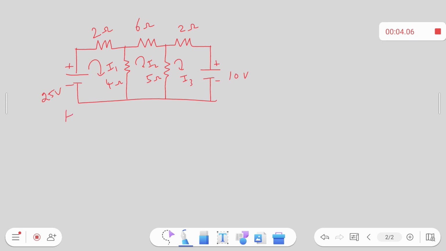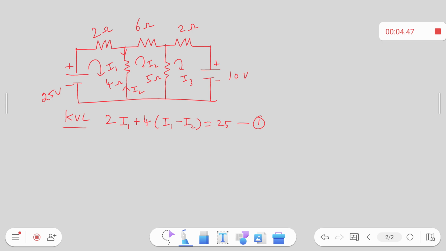As KVL says, for the first loop I am going to write 2I1 plus 4 into (I1 minus I2), because current I1 is flowing this way and I2 is flowing in this direction. When you see from the first loop, I2 is negative current, so I am writing 4 into (I1 minus I2), and that will be equal to 25, because now I am considering this current is entering into the negative terminal. This is my first equation.